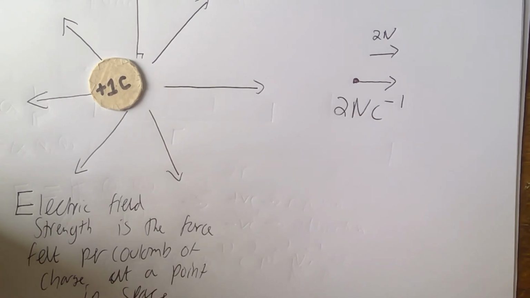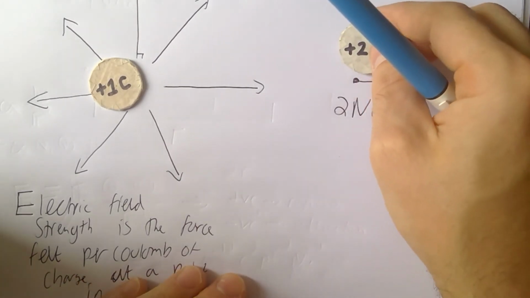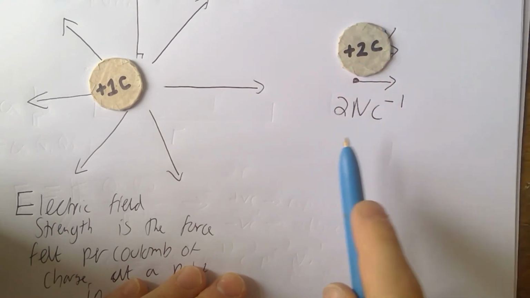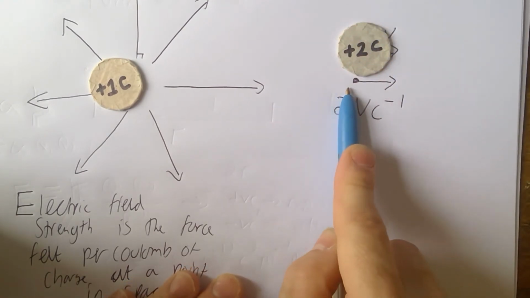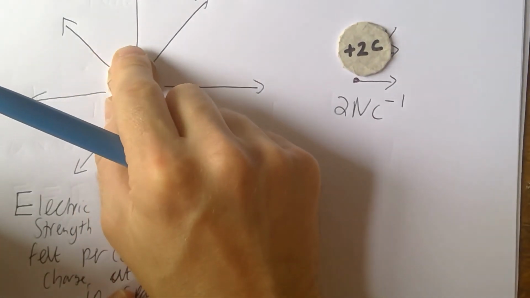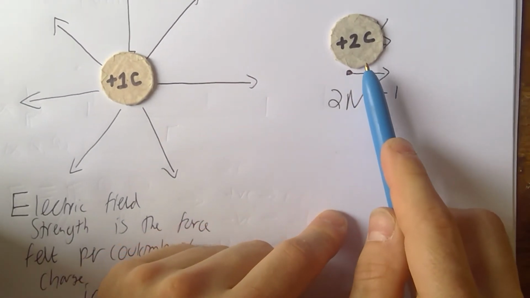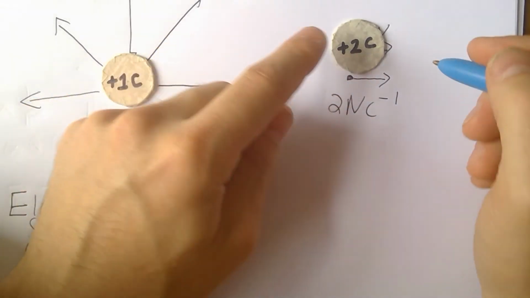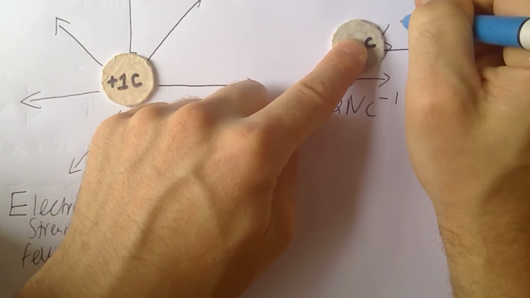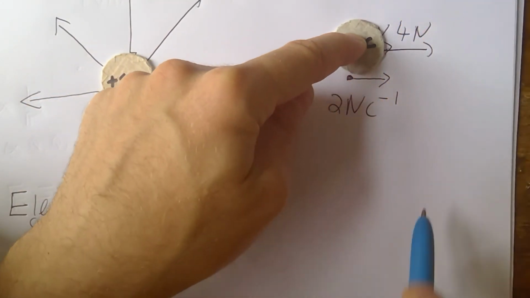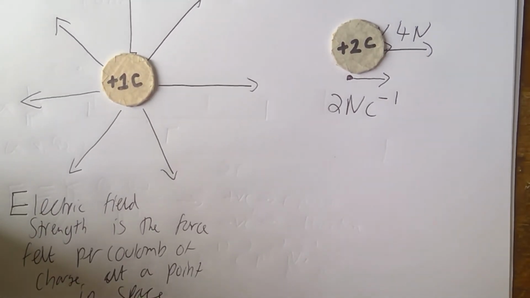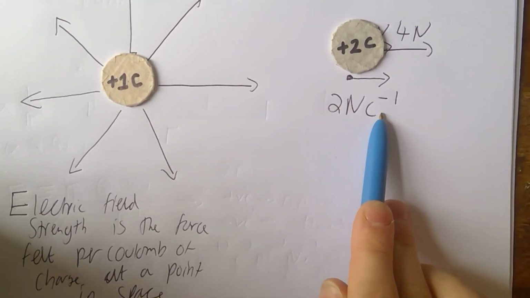If I was to put a +2 coulombs there, the field at this point in space, due to this charge here, is still 2 newtons per coulomb. But I have 2 coulombs there, so now this would feel 4 newtons of force that way. 2 newtons per coulomb.